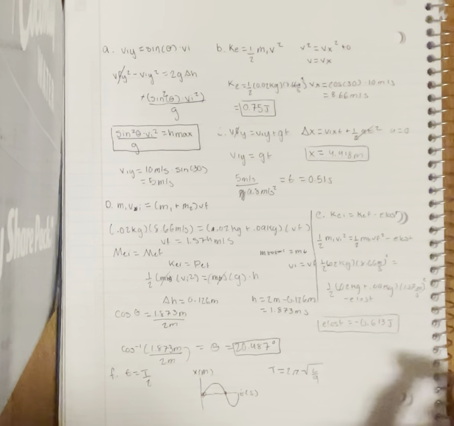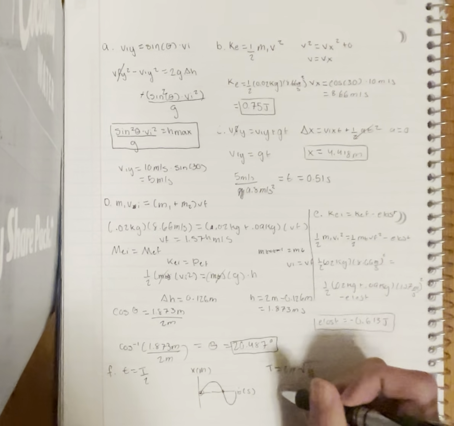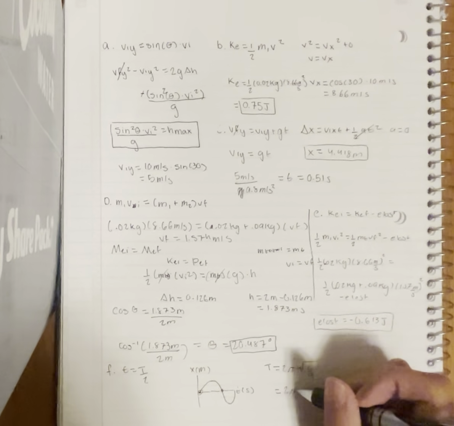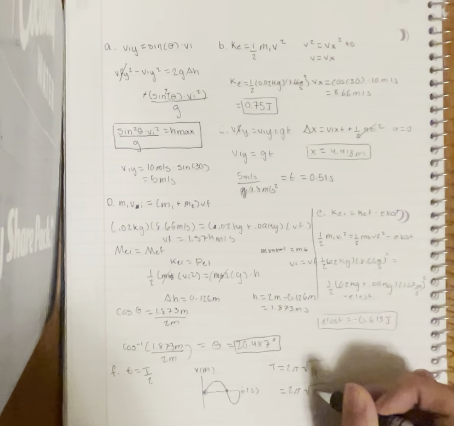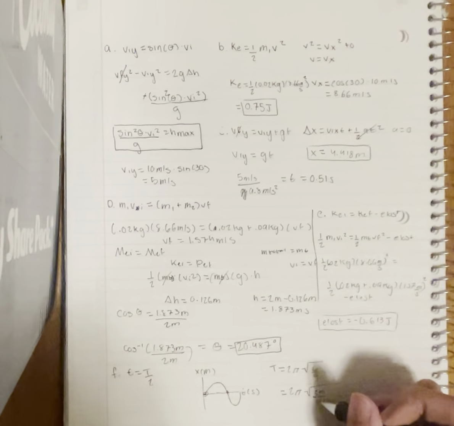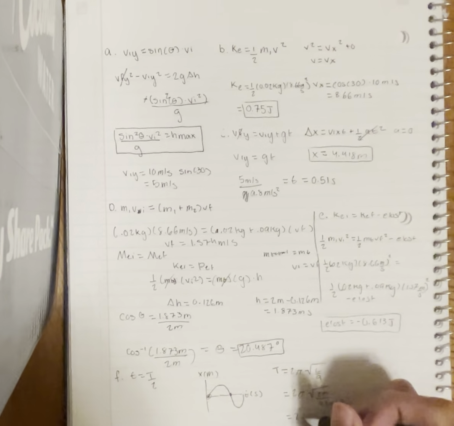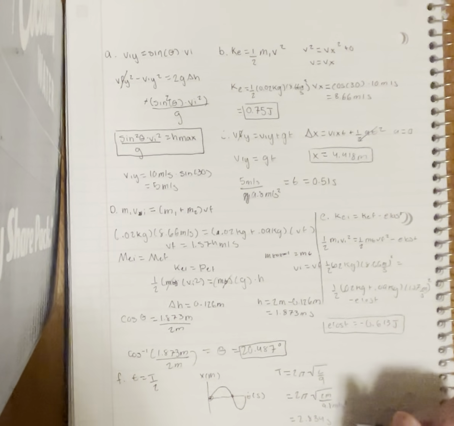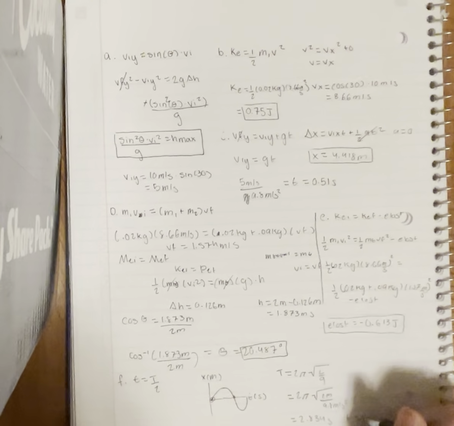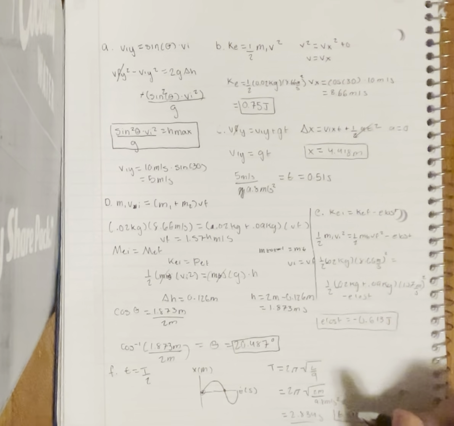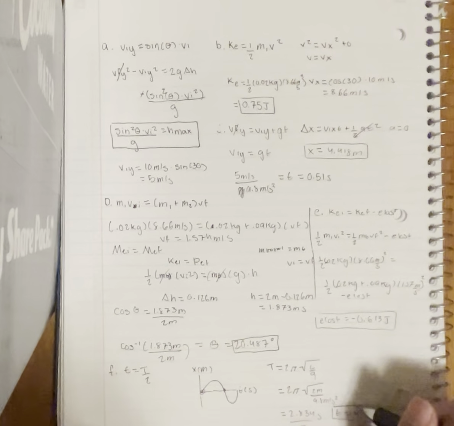You can replace them together, and then the constants, which is g and k, you can replace with each other. So 2 pi square root of 2 meters divided by 9.8 meters per second squared, and then T is equal to 2.834 seconds, and then t is equal to 1.419 seconds. Yeah, and that's the time that it takes for the block to return to its original position.